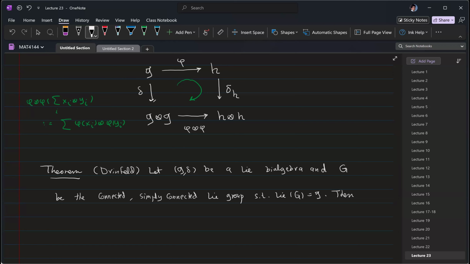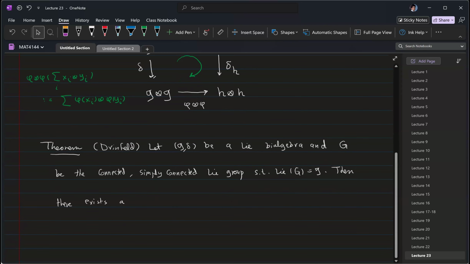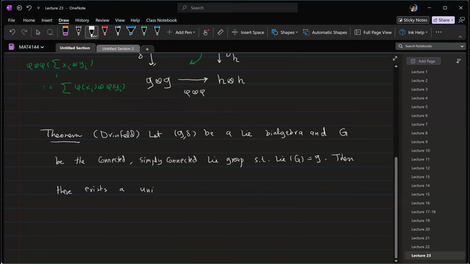But now this delta can be lifted in some sense to a Poisson structure on G. In other words, there exists a unique Poisson-Lie group structure on G such that it corresponds to delta. So in what sense does it correspond to delta?